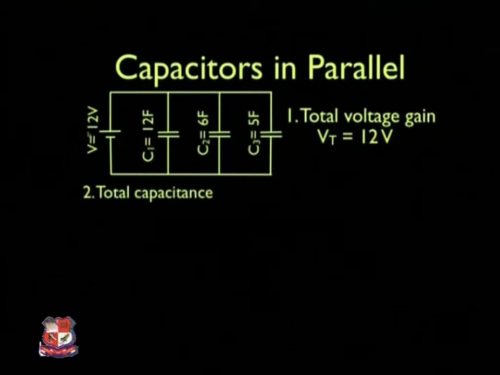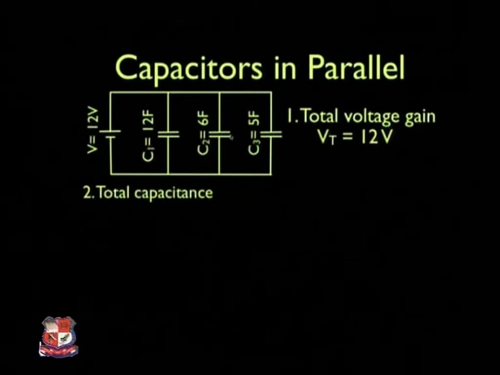Number 2, the total capacitance. What is the total or equivalent capacitance for this circuit? Well, we have 3 capacitors, a 12 farad, a 6 farad, and a 5 farad capacitor, and they are hooked up in parallel.